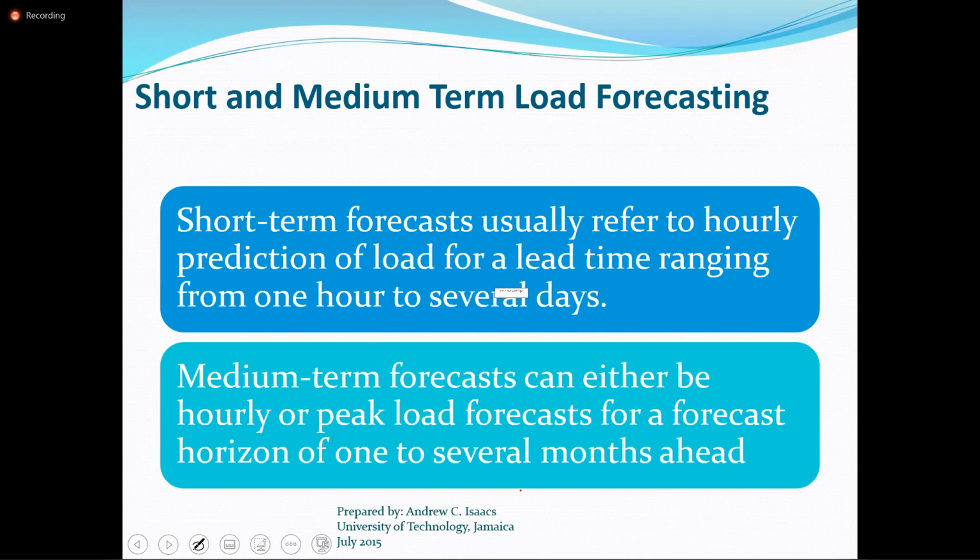On the medium term forecasts, again, we can be looking at hourly up to several months. This medium term forecasting helps in the planning of maintenance activities. At what point in the year can a utility decide that it needs to remove a major generating unit for maintenance?